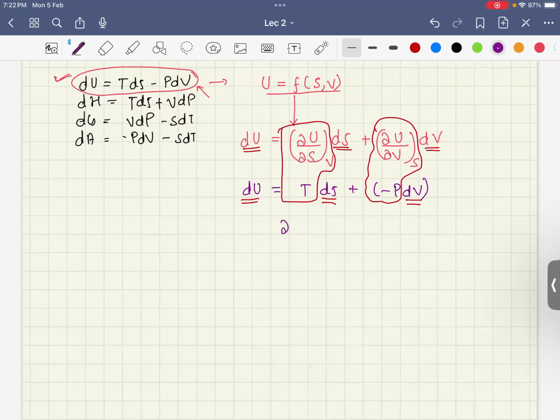Hence what we can say is del u by del s at constant v is nothing but the temperature T. Similarly, del u by del v at constant s is going to be minus p.